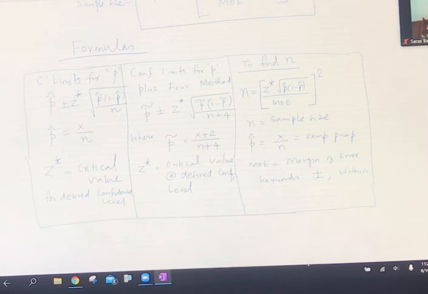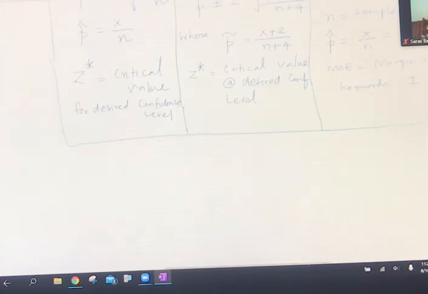In the second formula, your x will be a very tiny number, less than or equal to 10. Or even otherwise, if they have mentioned in your problem to use the plus 4 method, this is what you're going to be using. All right, so coming to your question, the TI part.